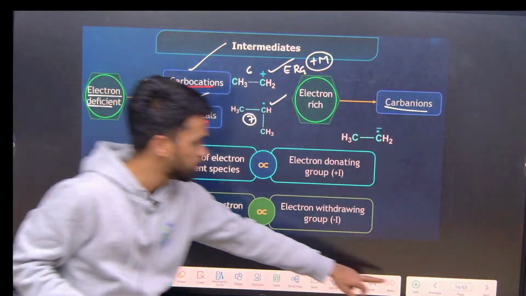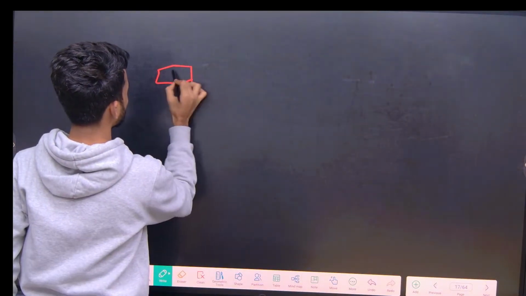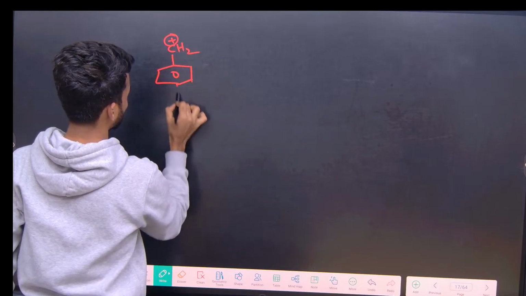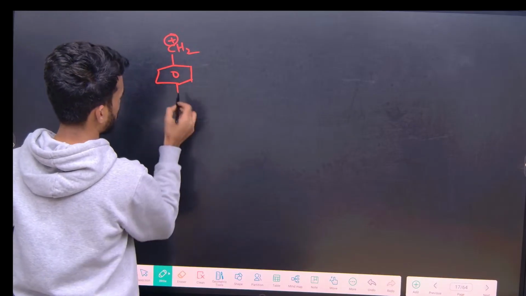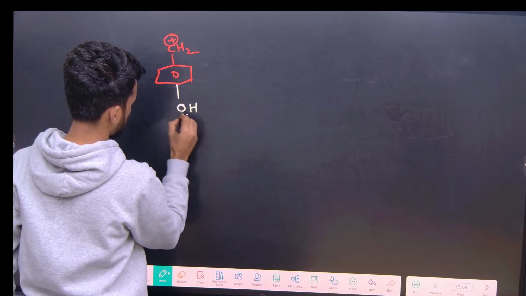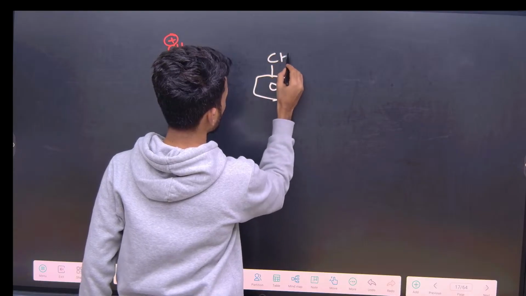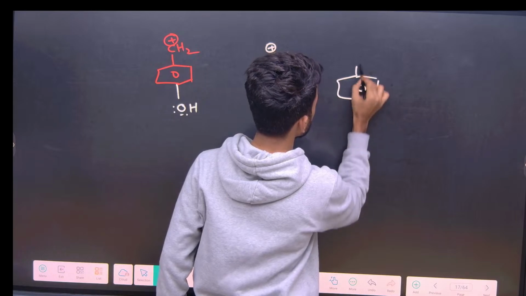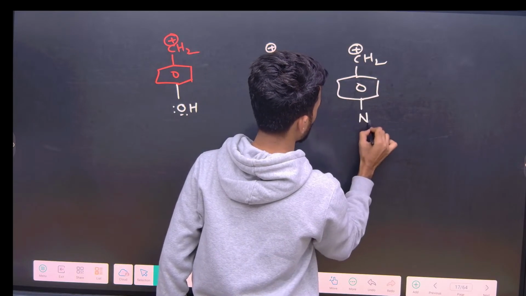For example, look at this. I am writing an electron releasing group something like OH, and here I am writing CH2 plus, and this one is CH2 plus with NO2.